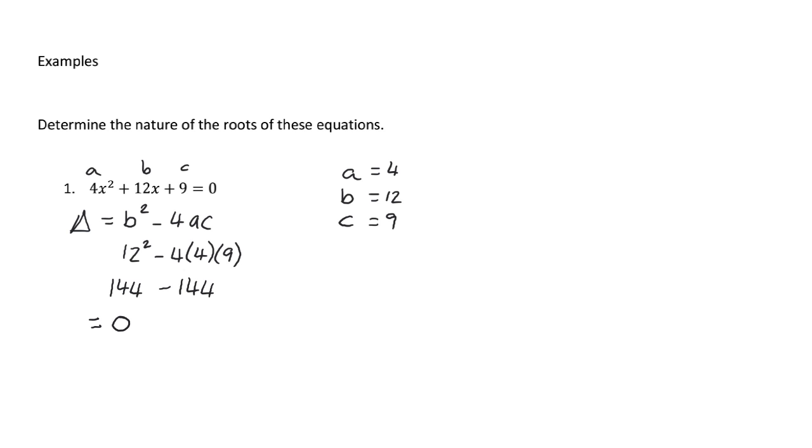Just like Pythagoras, I'm going to have to actually write a statement at the end of this question. And all we're looking for is: as b squared minus 4ac is equal to 0, there is one real root.